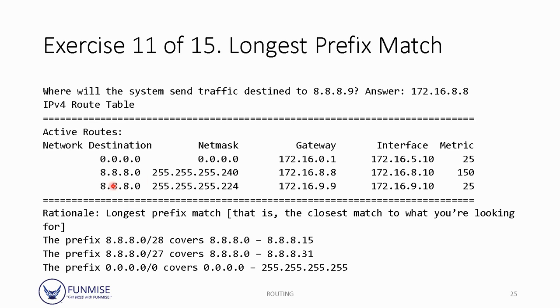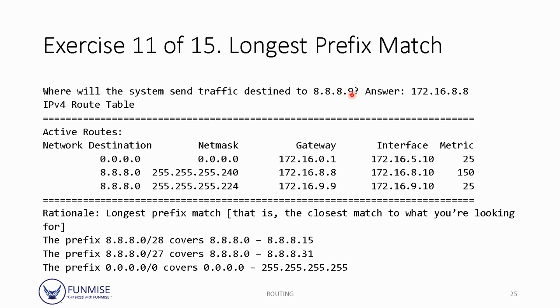So the prefix 8.8.8.0/28, which is this line here, this is a /28, covers 8.8.8.0 through 8.8.8.15. So 8.8.8.9 falls within there. Now this one is 8.8.8.0/27, which covers 8.8.8.0 through 8.8.8.31.